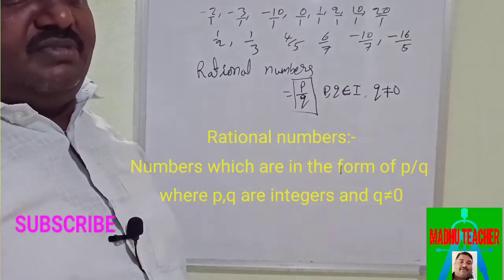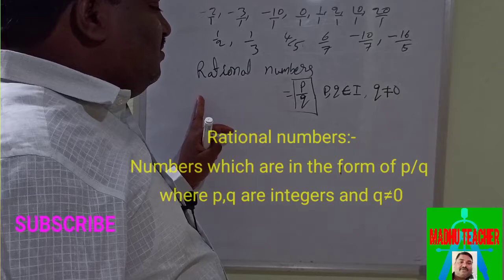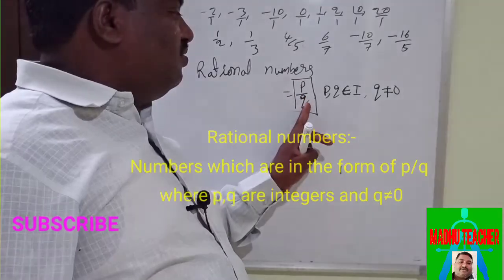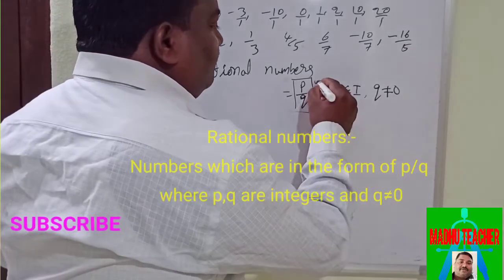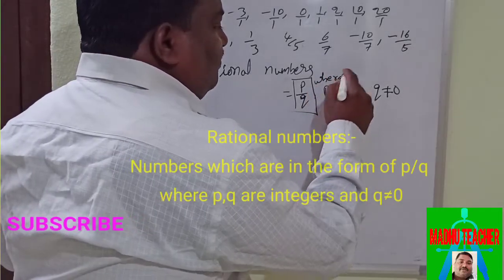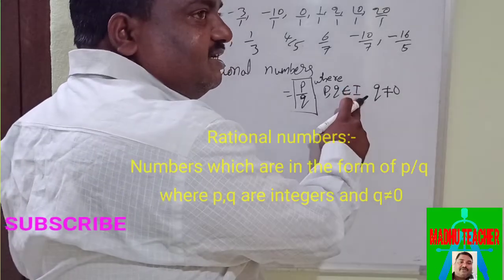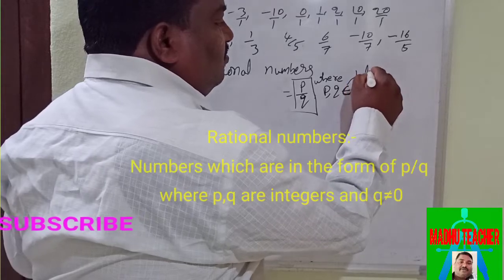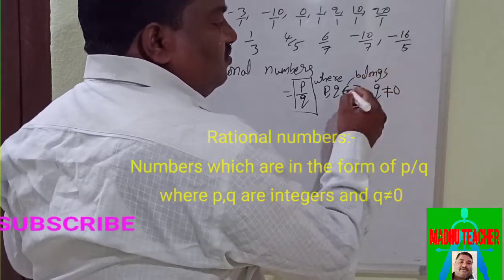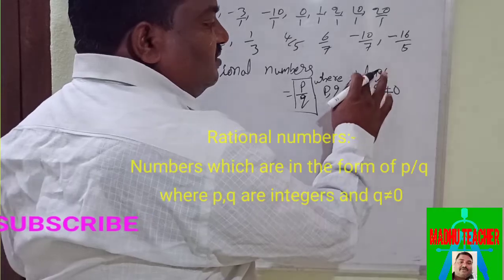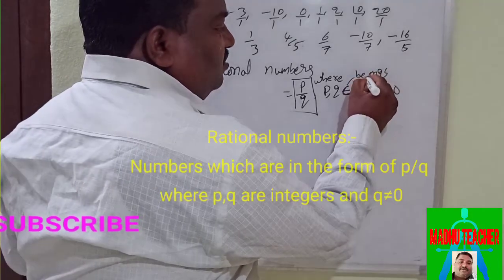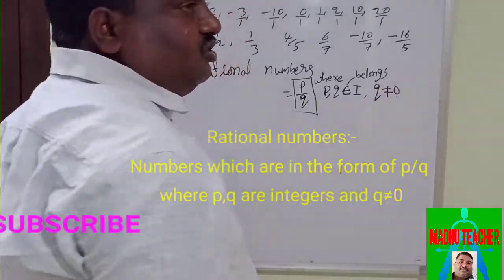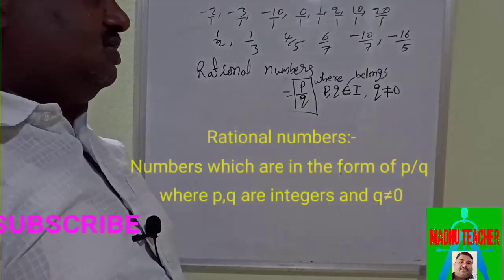These are the rational numbers. The number which is in the form of p by q, where p comma q belong to integers, and q not equal to 0, are called rational numbers.